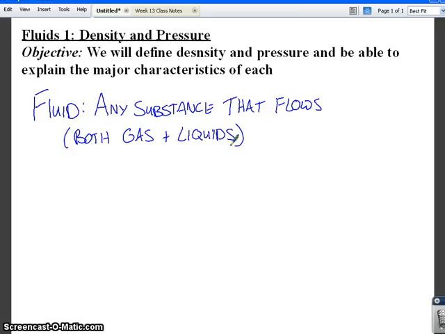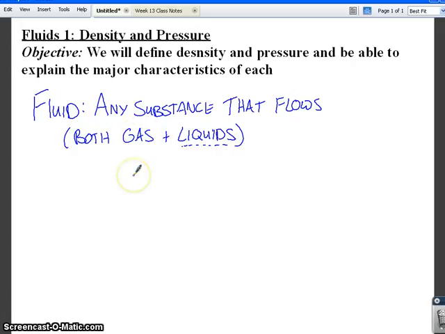We tend to associate fluids with liquids because generally when we're talking about fluids, we're talking about water or sweat or blood or stuff that has to do with our bodies. But reality is fluids really are gases and liquids because gases flow as well.